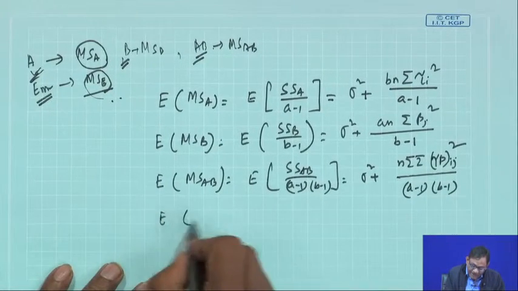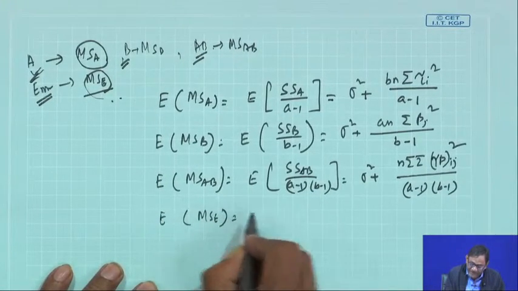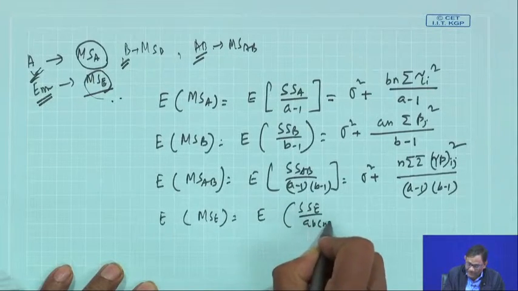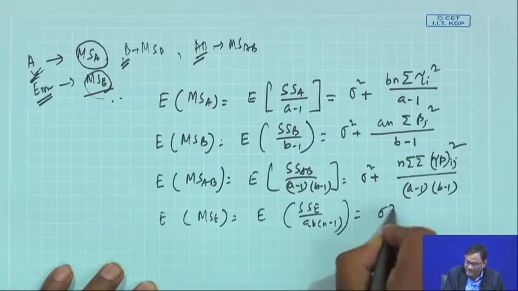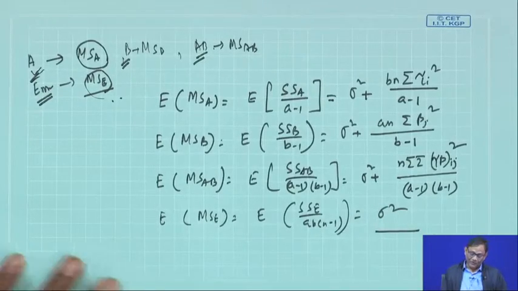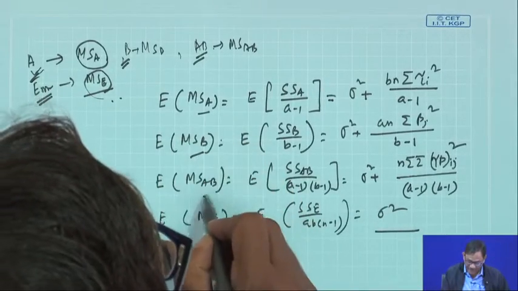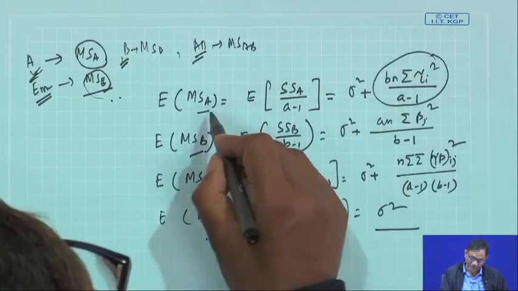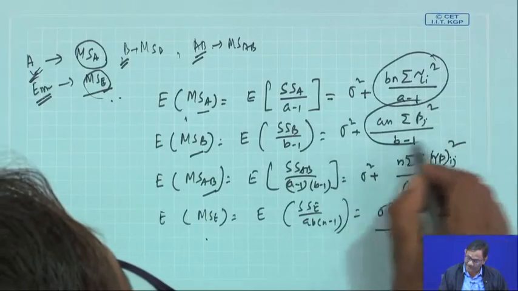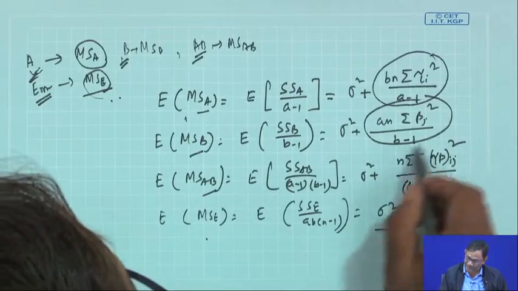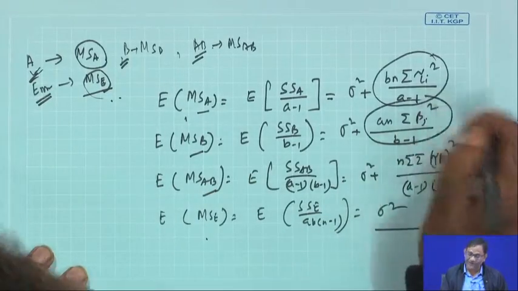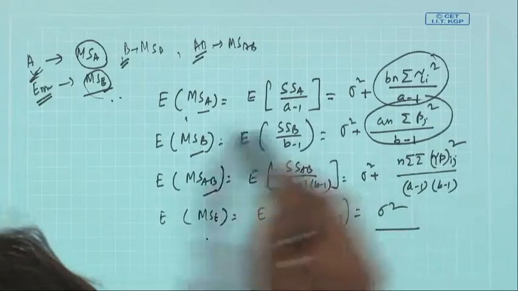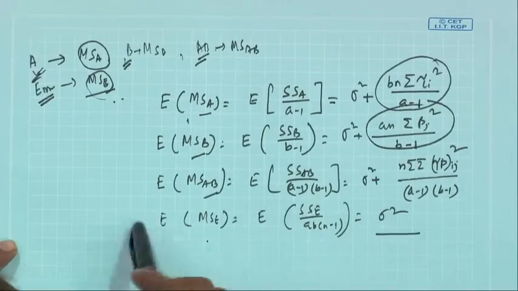And the expected value of MSE, SSE by ab into n minus 1, is sigma square. If the effects are contributing, these extra terms should not be 0 for A, for B, and for AB. They should be significantly more, otherwise they will all be equal to MSE.